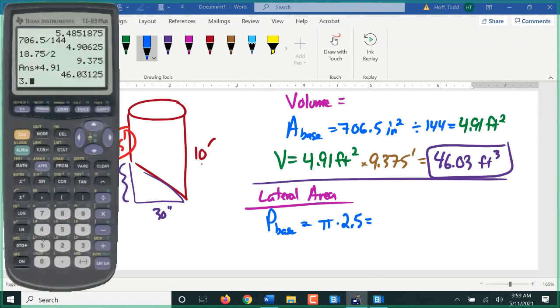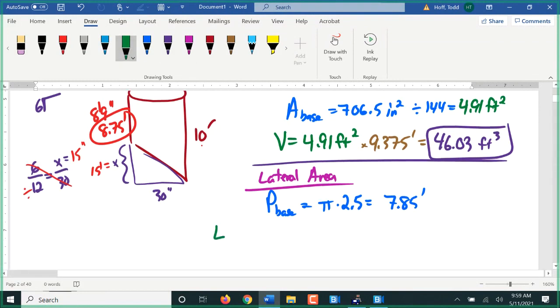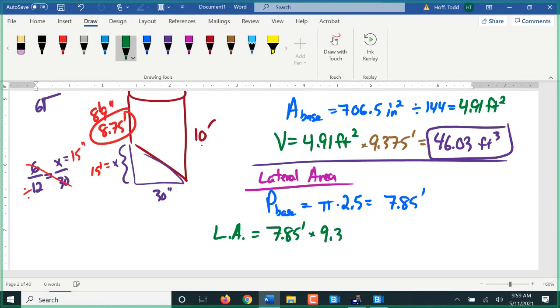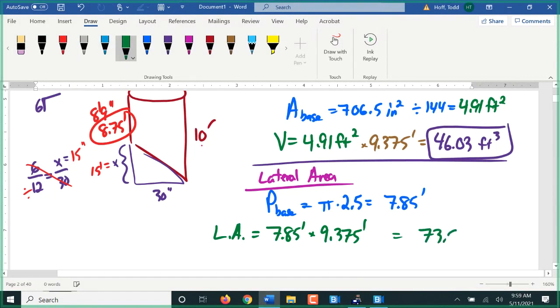So pi times 2.5 is 7.85 feet, which is the perimeter of the base. And once again, that lateral area is the perimeter of the base, 7.85 feet, times that average height of 9.375 feet. We get a lateral area of 73.59 square feet of area.